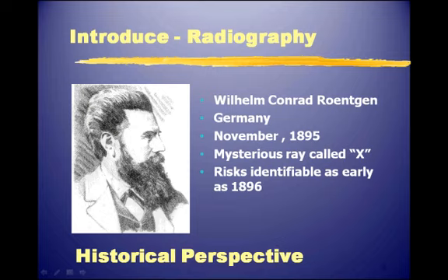There was a phosphorescent material on a plate nearby, and when she placed her hand between the tube and that plate, he could see the bones of her hand. The rest, as they say, is history. As early as 1896, there were risks identified in association with this mysterious X-ray.